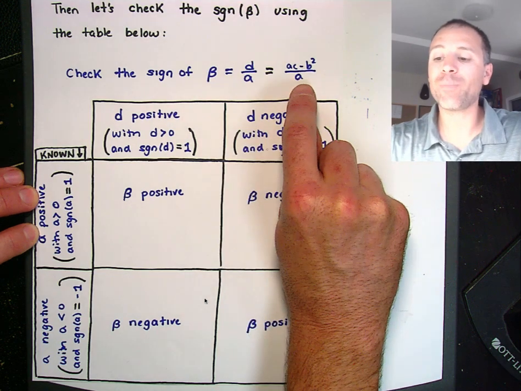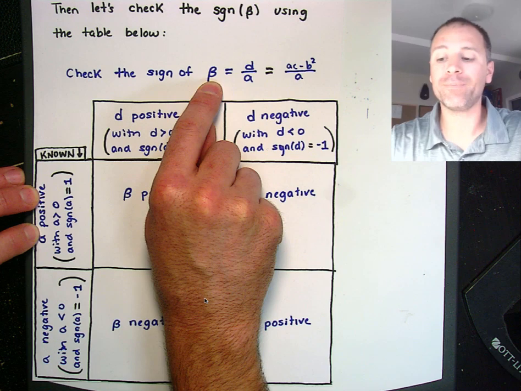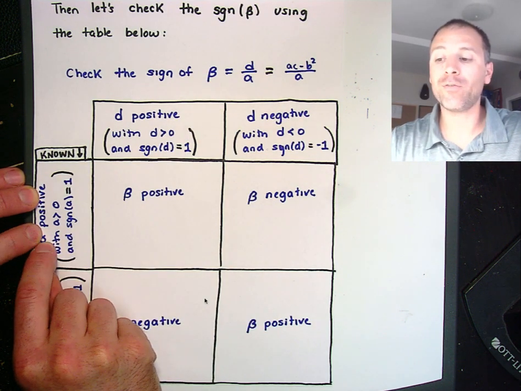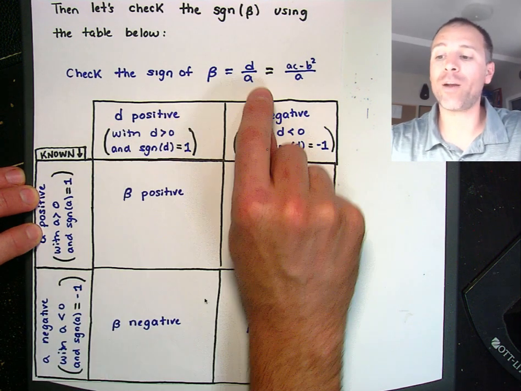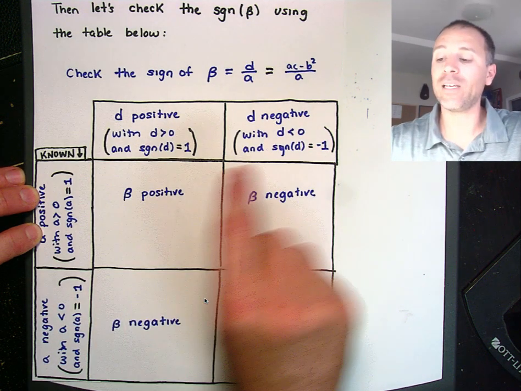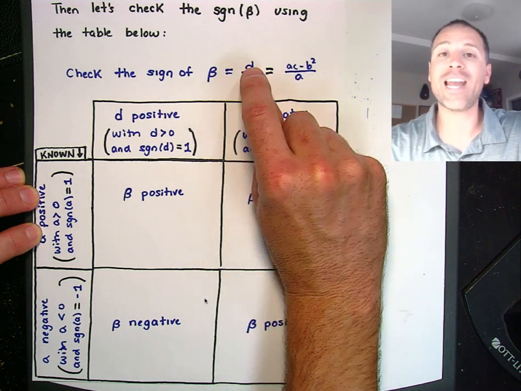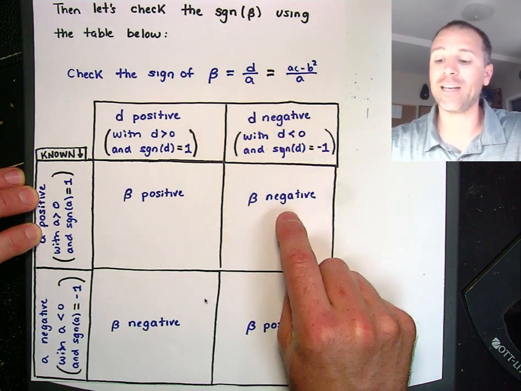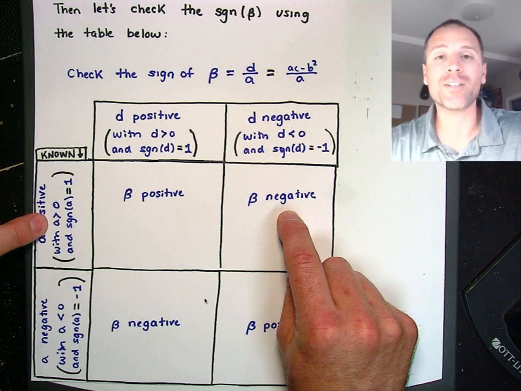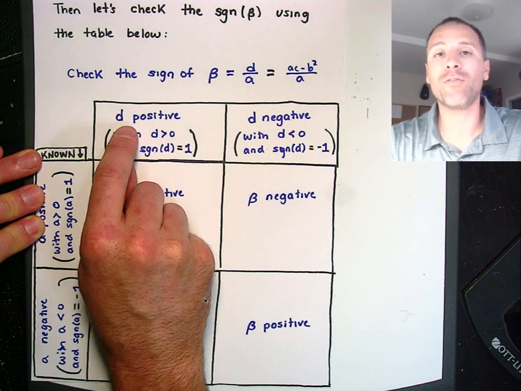If we know that a is positive, the question that we want to ask is, well, what do we know about beta? Well, if a is positive and the determinant is positive, we know that a positive divided by a positive must be positive. Similarly, if a is positive but the determinant is negative, we know that a negative divided by a positive is negative. Thus, if we know that a is positive, then the sign of beta is identical to the sign of the determinant d.